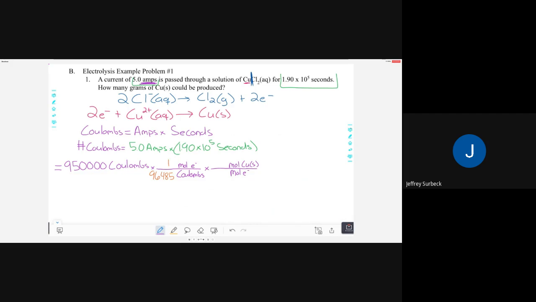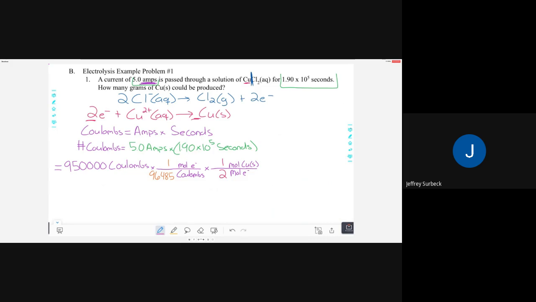Where did I tell you to get that mole over mole number the whole year? Coefficients, perfect. So on bottom, we'll start with our electrons. What is our coefficient for electrons? Yep. How about solid copper? 1. Very good. Still not in grams. Don't worry. Not a very hard thing to do.